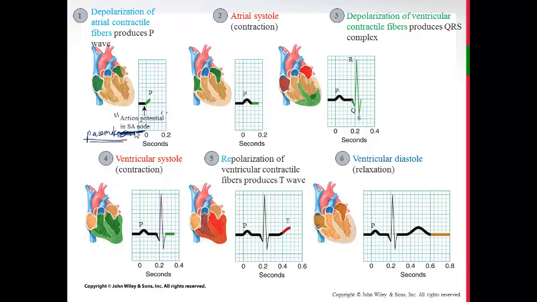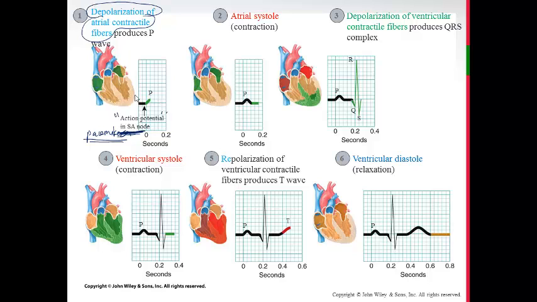First is your SA node that triggers, and it's at your right atrium and sends out the signal. Once it sends out the signal, your atria undergo depolarization. Your fibers are undergoing changes, so they produce the P wave.